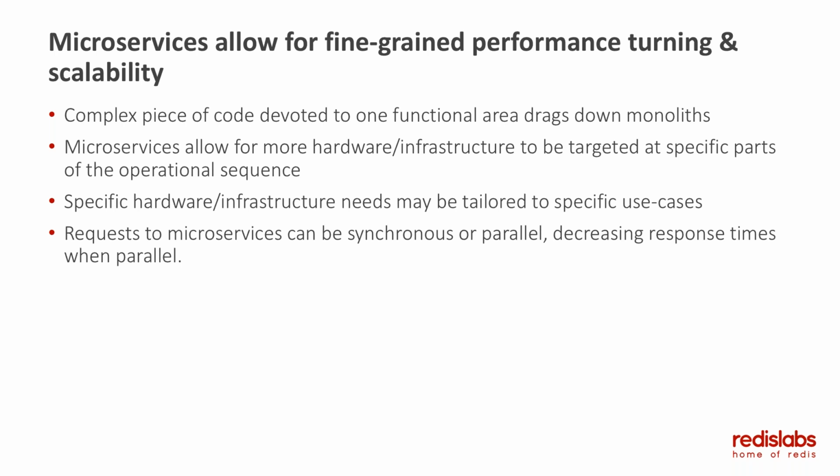You can also have particular hardware and infrastructure devoted to particular parts of the operational sequence. Additionally, that hardware may be tailored to that specific use case. For example, you may be doing something computationally complex in your serving layer or maybe in your microservice. In that case, you might want to devote more CPU resources.